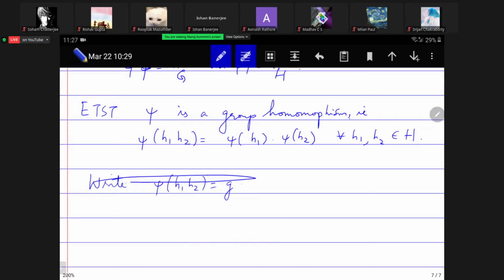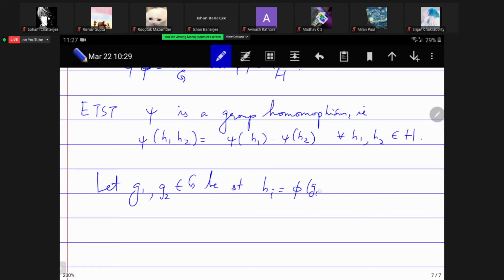Okay, so let us write. Let g1 and g2 inside G be such that h_i is phi of g_i, i equals 1 and 2. So then let us write this whole thing.